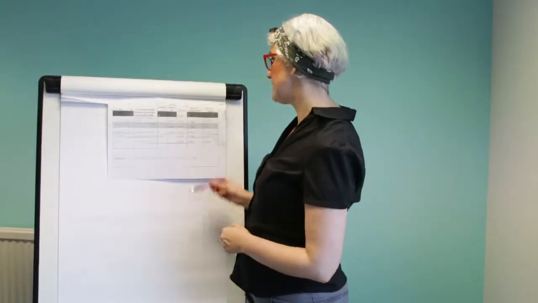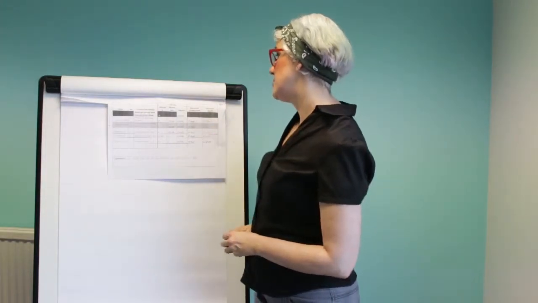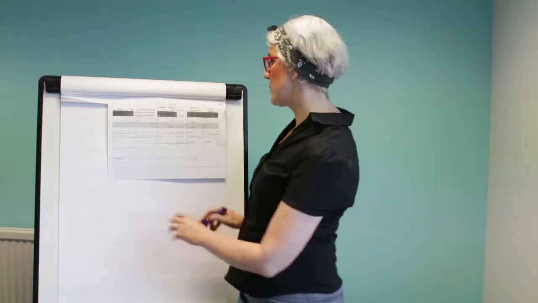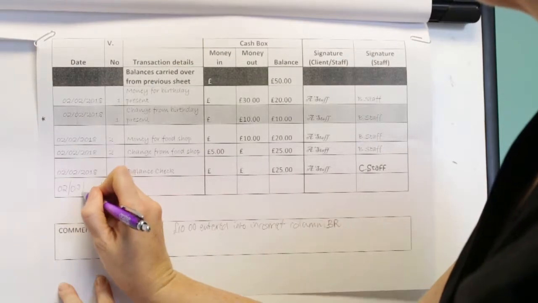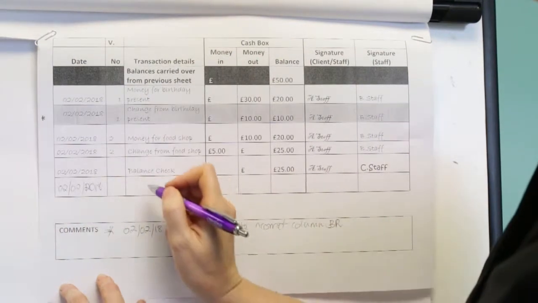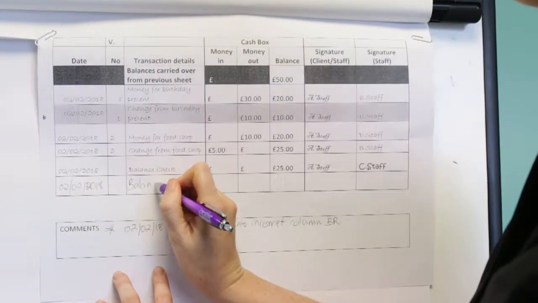In this case, the balance is £10 down and there's actually £35 in the tin. So we're going to write the date in full, date, month and year. Don't need a voucher number. We're going to write balance correction.